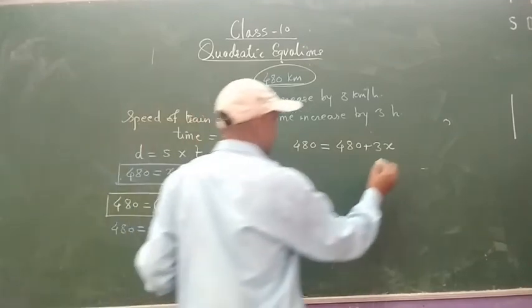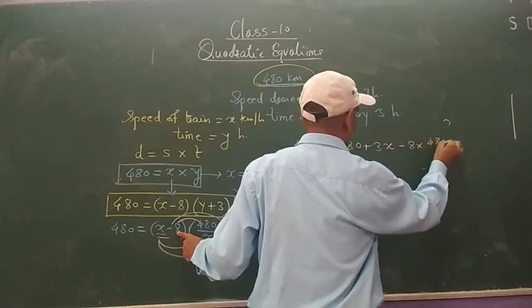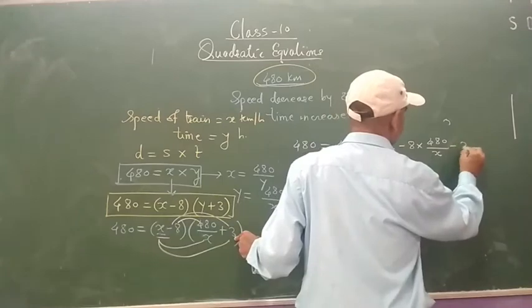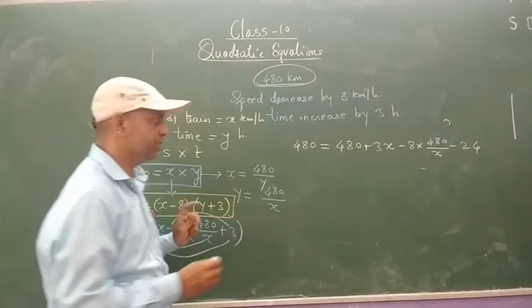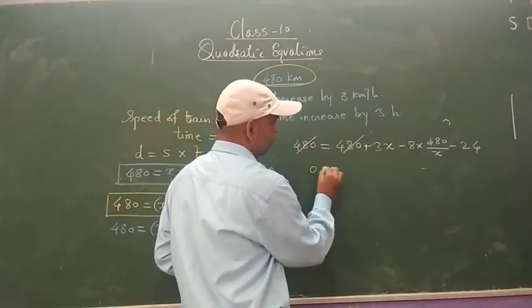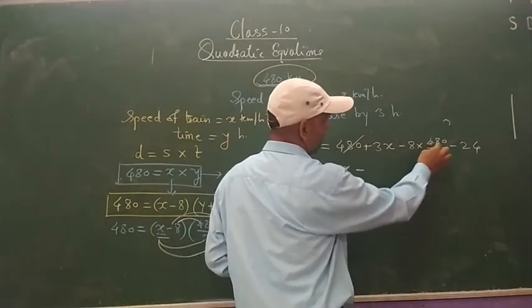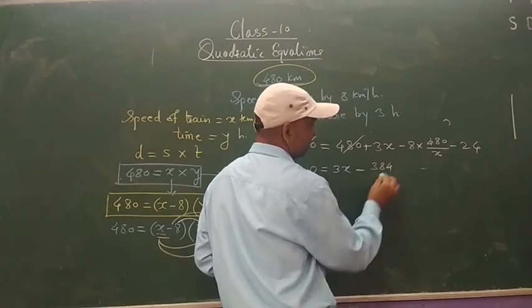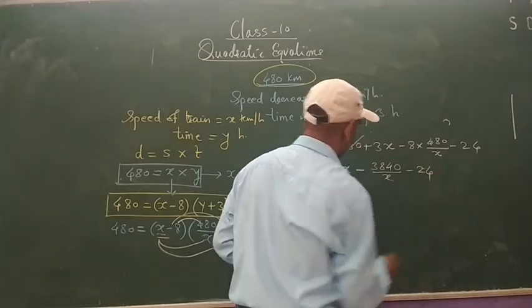So minus 8 into 480 upon x and minus 8 into 3, minus 24. Then this 480 cancels. So 0 is equal to 3x minus 3840 upon x minus 24.